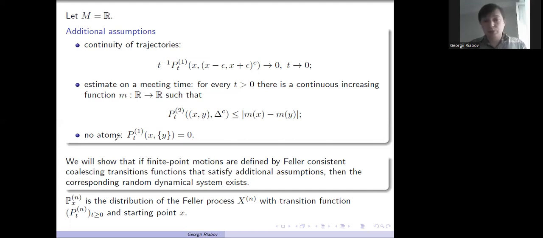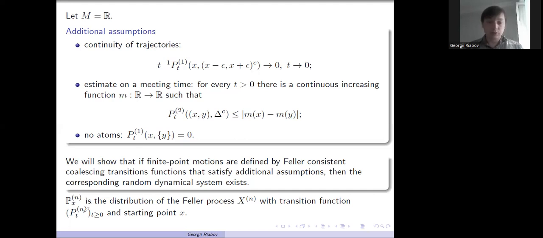And one more assumption, it can actually be removed, but we will assume it for simplicity: one point transition functions have no atoms.